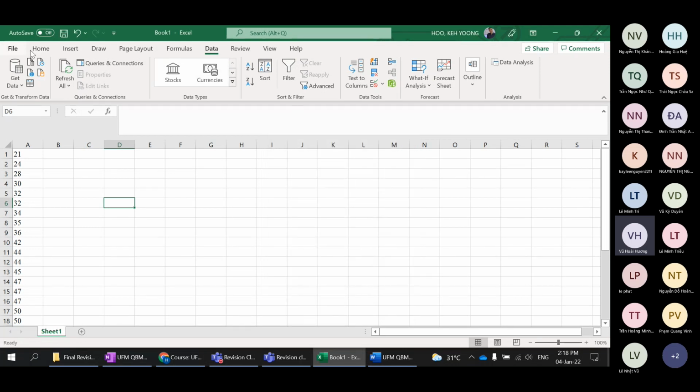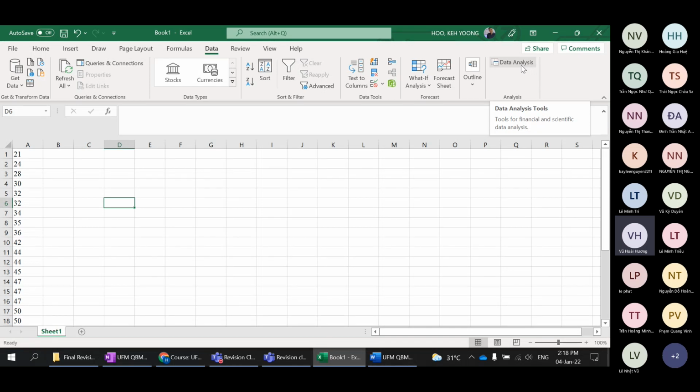Once you press OK, when you go to the Data tab on top, you should see the Data Analysis tool appear at the end. Do you see it? Yes.